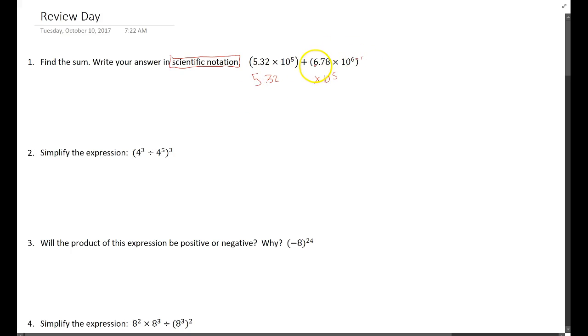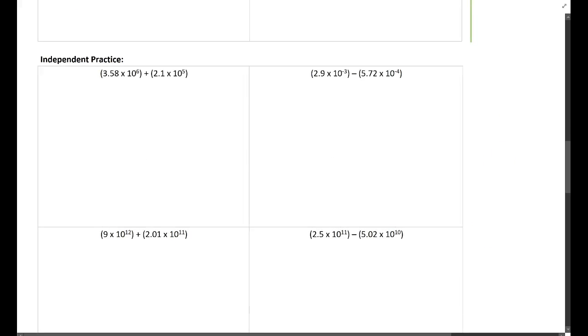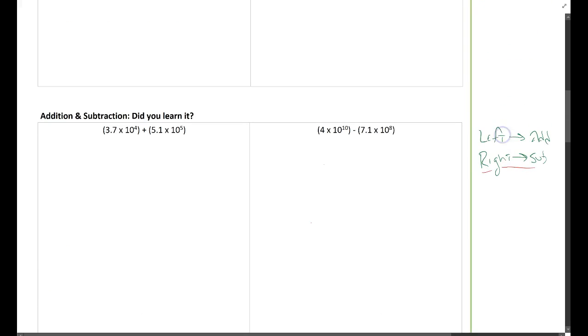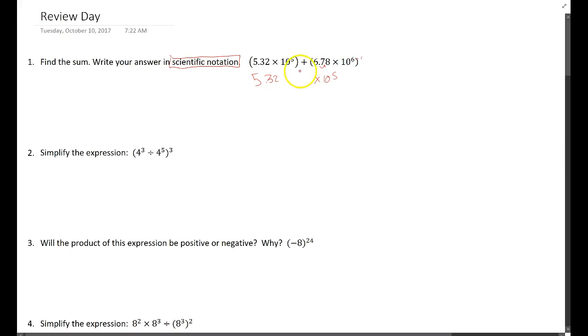And because I subtracted 1, I know I need to move this 1 place to the right, because as we saw today, or yesterday by your standards, if we move right, we subtract, and vice versa. If we subtract, we move right. So I have 5.32 plus 67.8. So then I add these. I add a little placeholder there.